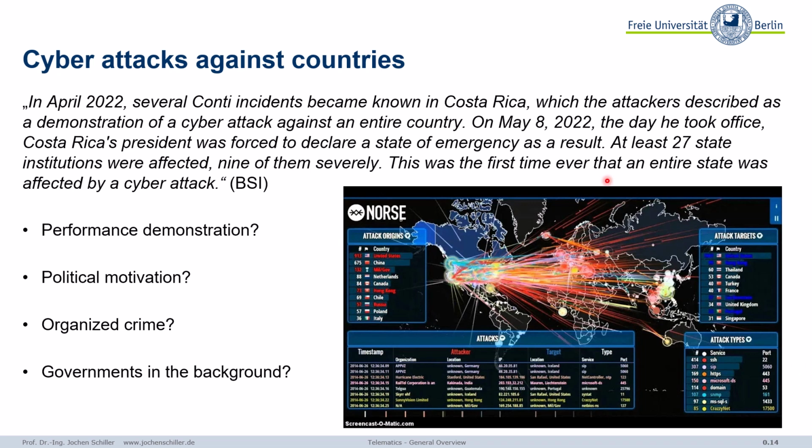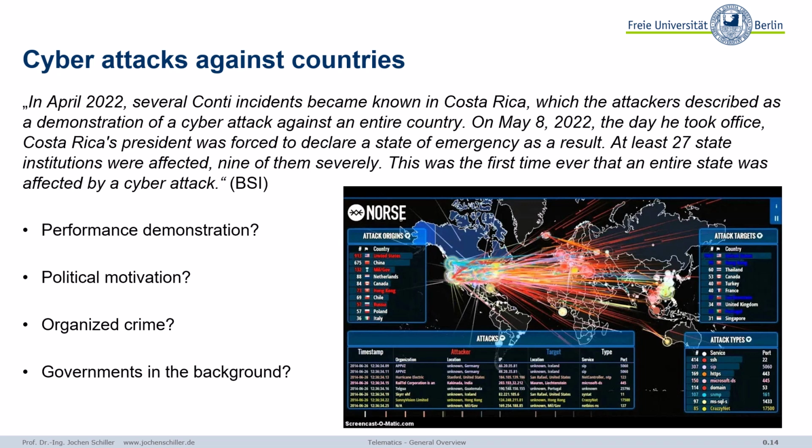The result was that on May the 8th, 2022, the president of Costa Rica declared a state of emergency. Basically, many state institutions could not work anymore. This was one of the first times an entire state was severely affected by cyber attacks. And we have these command and control centers with situation maps showing who's attacking whom, etc.